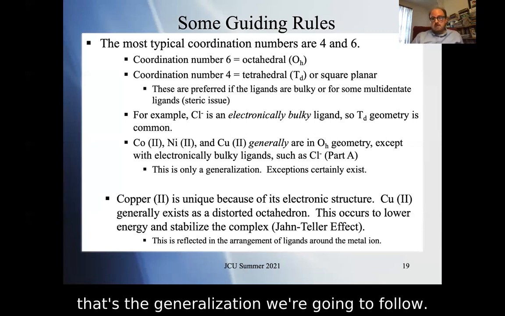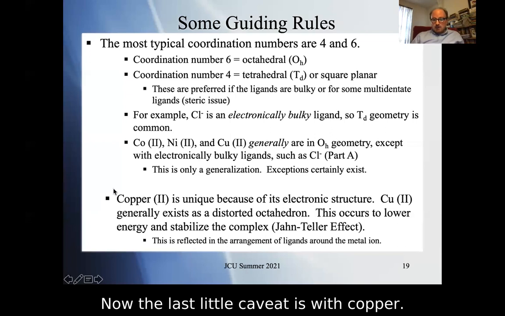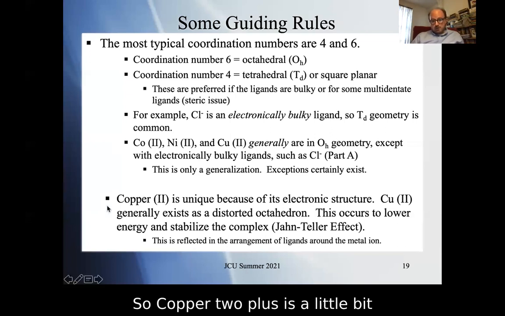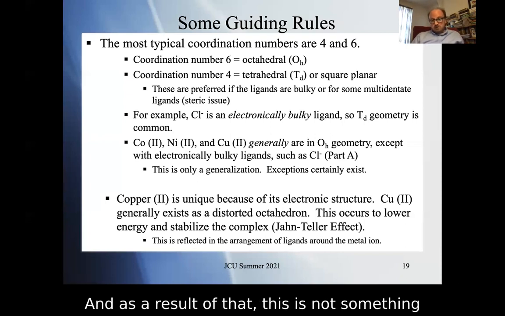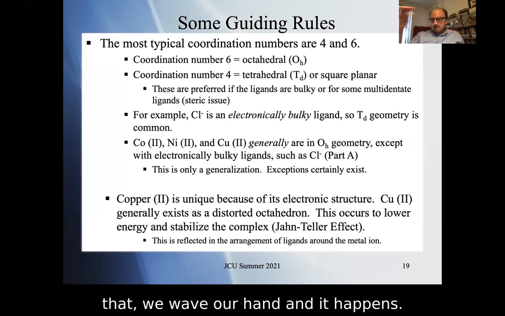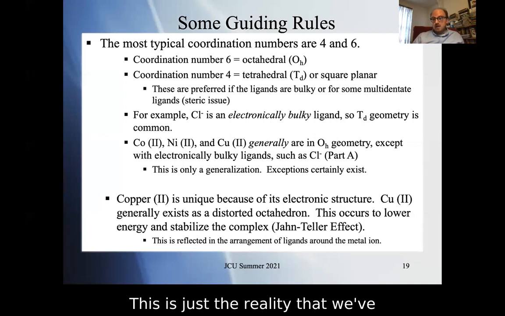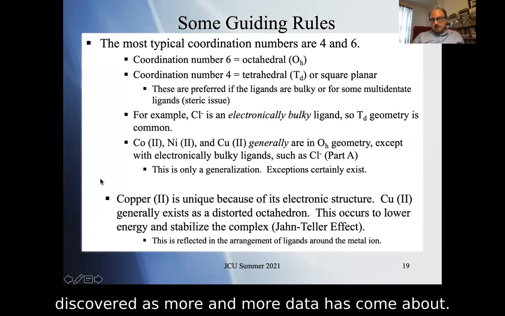Now, the last little caveat is with copper. So copper 2+ is a little bit different than the other two metals because of the amount of d electrons it has. This is not something that we wave our hand and it happens. This is just the reality that we've discovered as more and more data has come about.